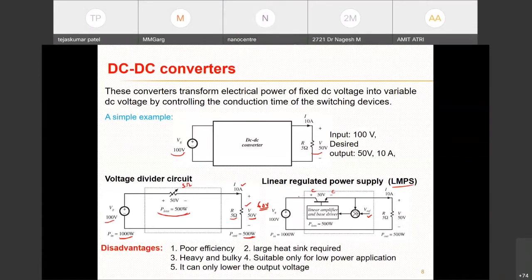Accordingly it will change the base current, and when this base current is changed, then this voltage drop will be varying, right? Because this IB is changing, VCE will get changed, and accordingly this voltage will be regulated.